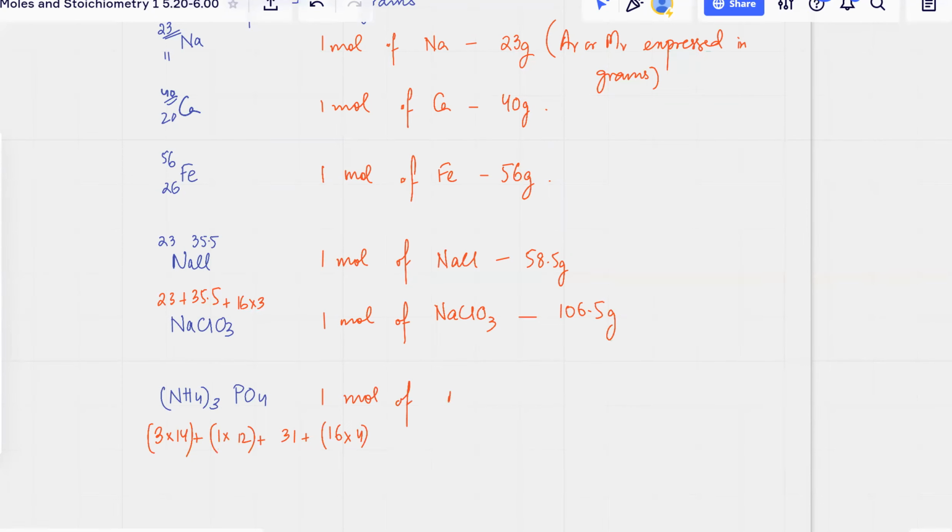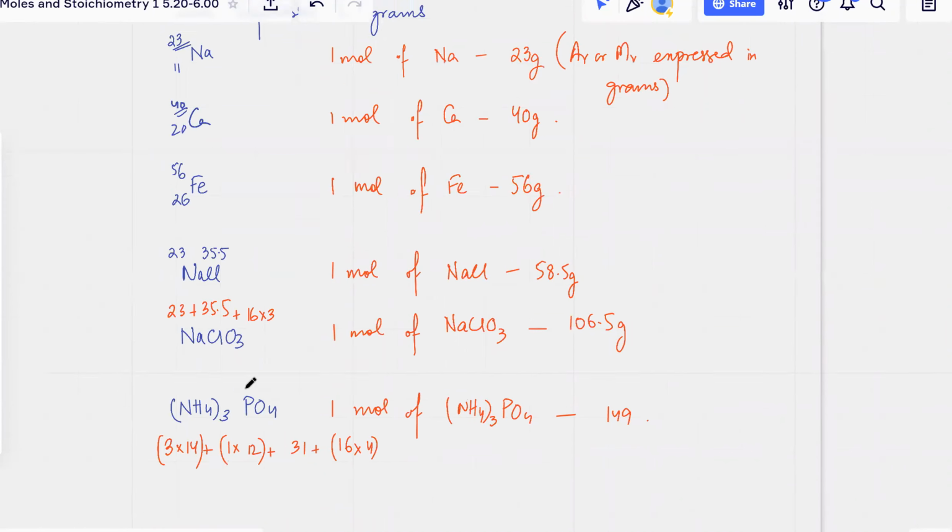So 1 mole of this thing, NH4 ammonium phosphate, is 149. ठीक है, 149. But see, other time you double check. Always double check when you have a complicated formula. Always double check. ठीक है.